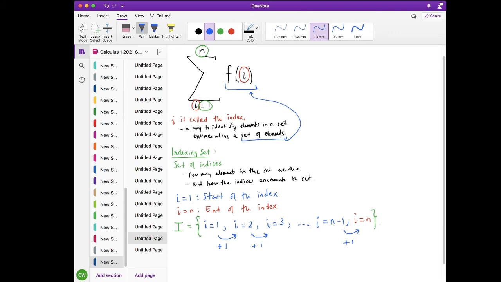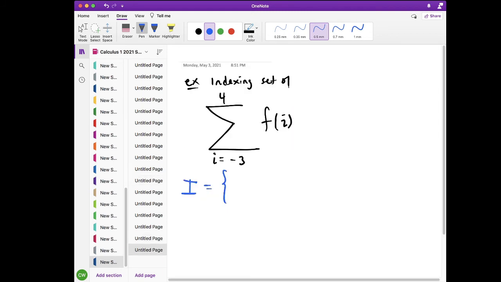Yeah, so this one was just, for example, 1, but you just start wherever the number is, -3. Then what would the one after be? What's the next one? Yep, -2, -1, 0, 1, 2, 3, 4.